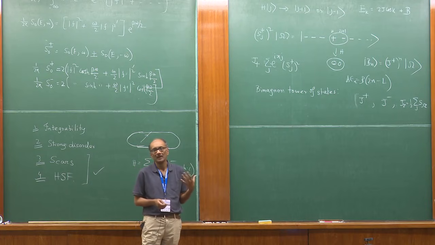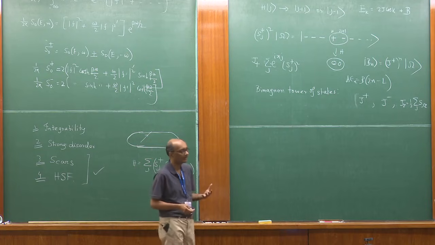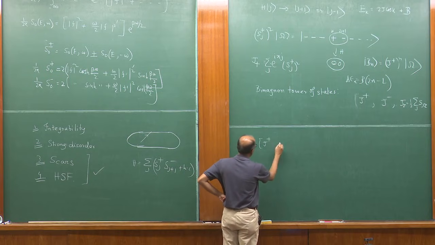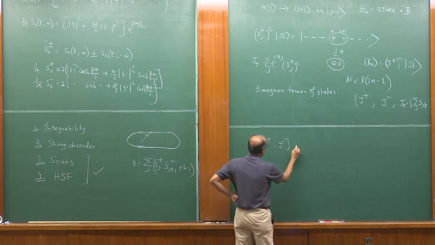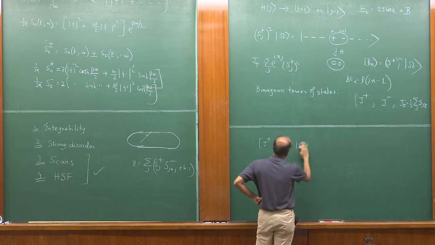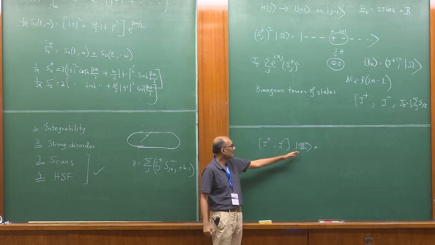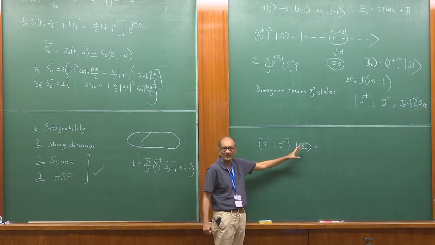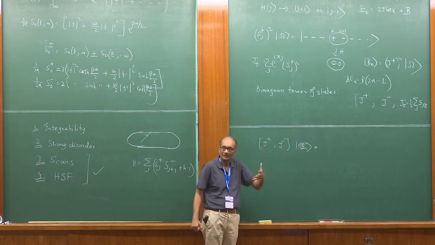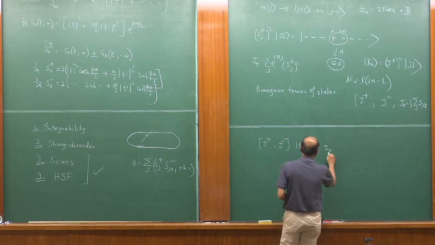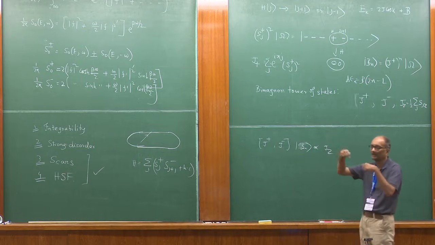If you take this commutator of J plus and J minus and act it on a state, let's say some state Bn, you see that it's going to simply count the number of times it can annihilate a pair, and how many pairs it can create, and this would be proportional to Jz, because that's the total spin of the system.